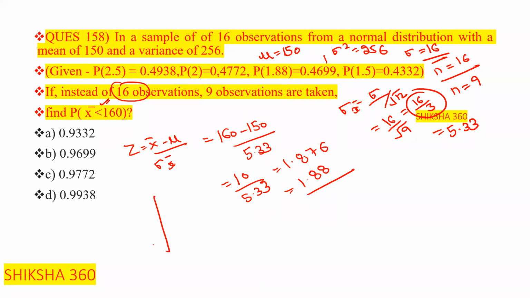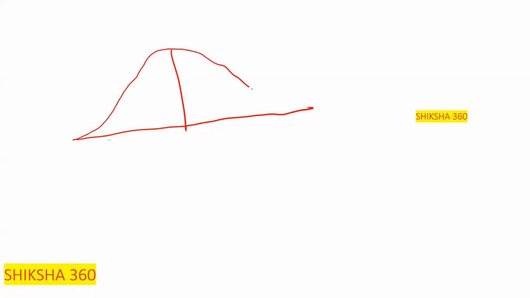If the diagram is like this, I will draw it here. So 150 here, 160 here. 0.5 is already added, and we have to calculate this part.